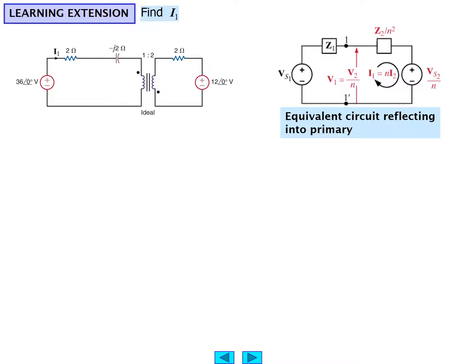Well, if that's what we want, we don't really need the secondary circuit because that's not where the target variable I1 is located. So let's reflect the secondary circuit into the primary, and we know how to do that because we know little n is equal to 2.